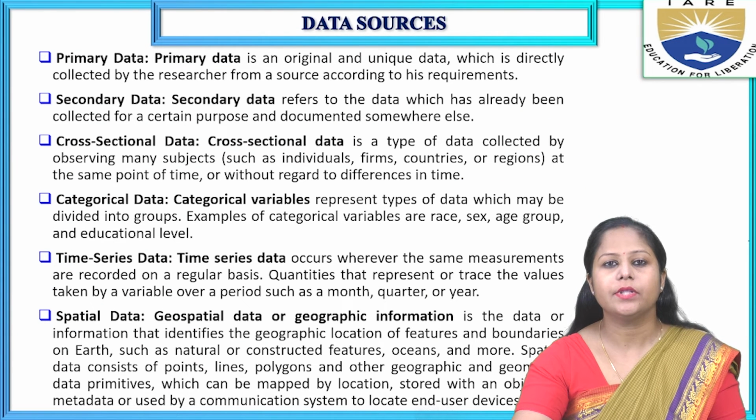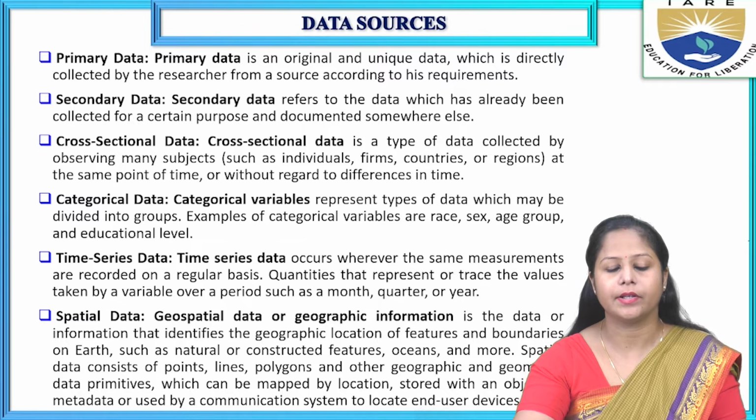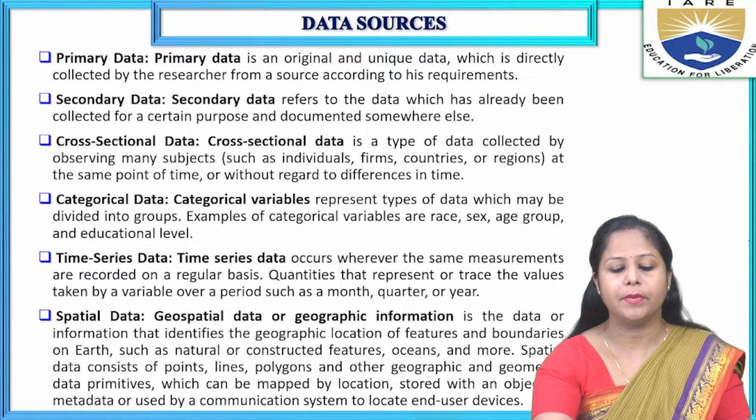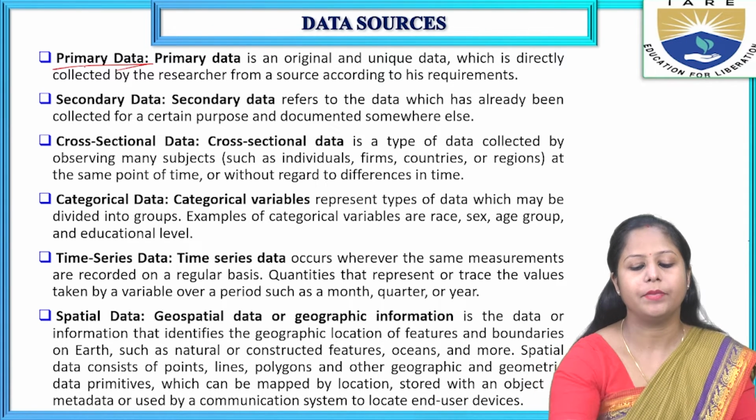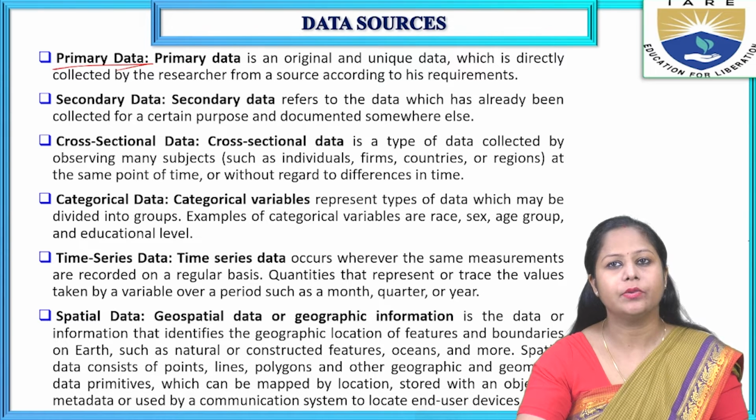What are the data sources from where we can choose that raw data? So primary data. Primary data is nothing but the original and unique data which is directly collected by the researcher from a source according to his requirement.